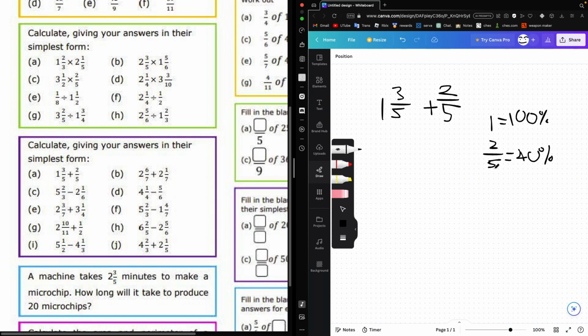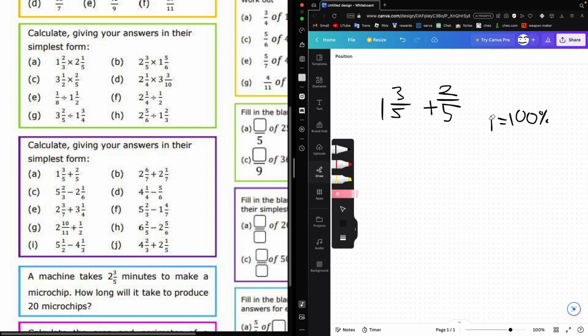And 3 over 5 is basically the same thing over here, and this is 60%. So because we know this, we don't need to make this an improper fraction anymore, because we know that this is already 100%. We're just doing 160%, since you know this 60%, 160% plus 40%. It's just like that. So this one, we don't need to make it an improper fraction. We just pretend, just move it over here after.